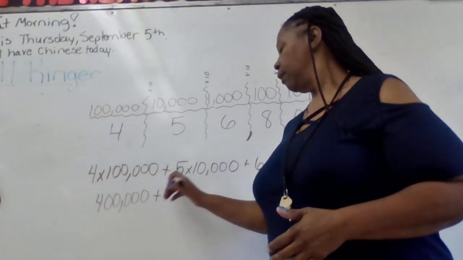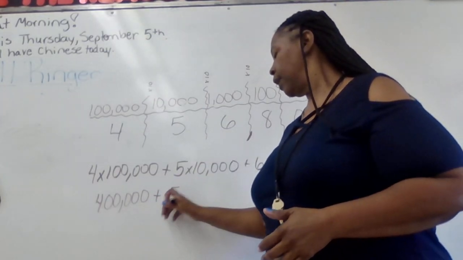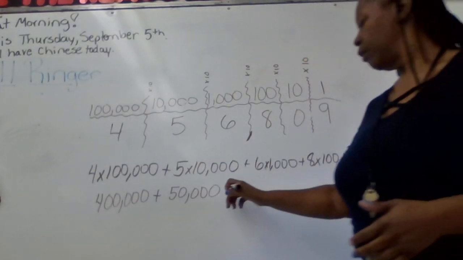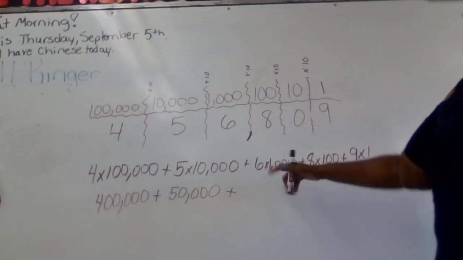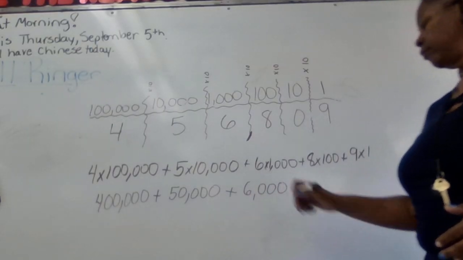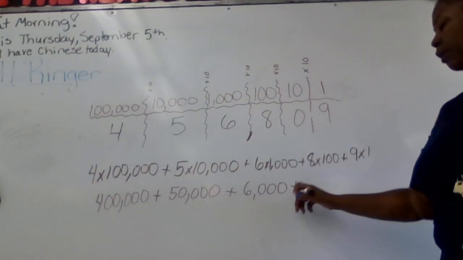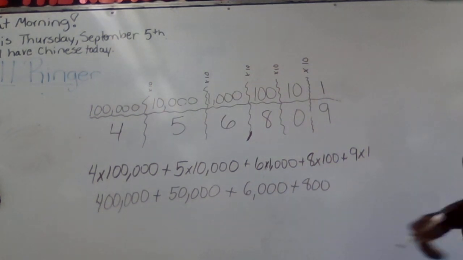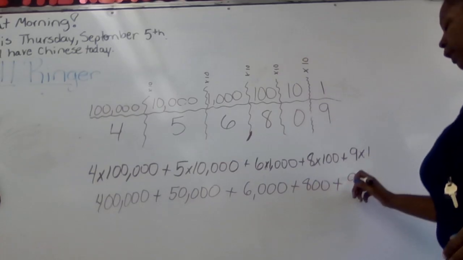Plus 5 times 10,000 is 50,000. Plus 6 times 1,000 is 6,000. Plus 8 times 100, the value of it is 800. Plus 9 times 1 is 9.